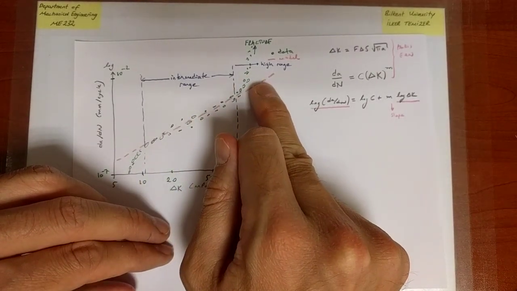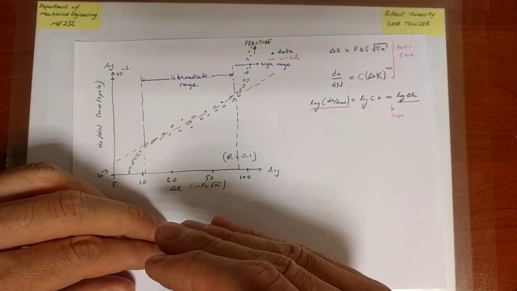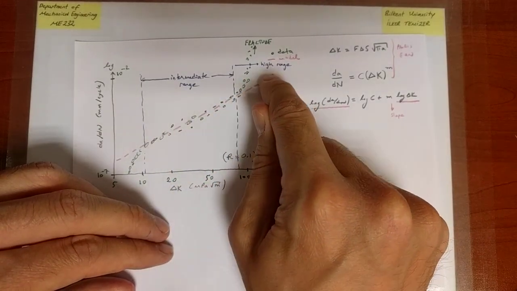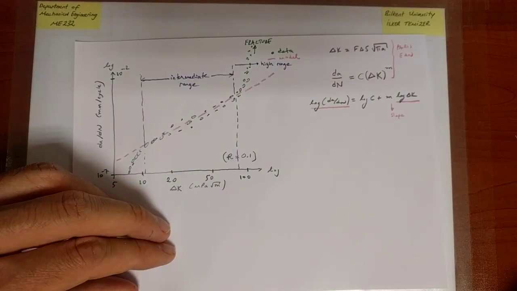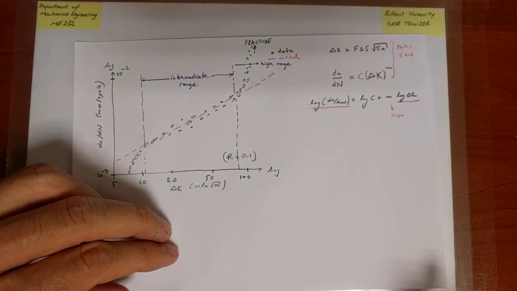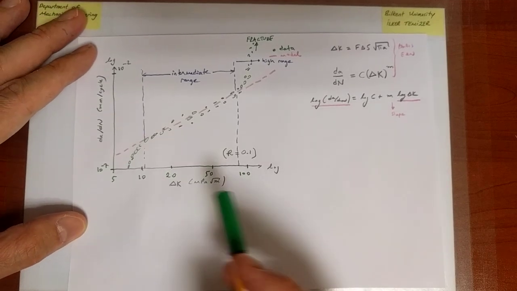So if you work according to the model, your predictions of the number of cycles to failure beyond that point are going to be under-conservative. It's not going to be a good prediction. You're going to say there is no failure, although in reality there will ultimately be failure.